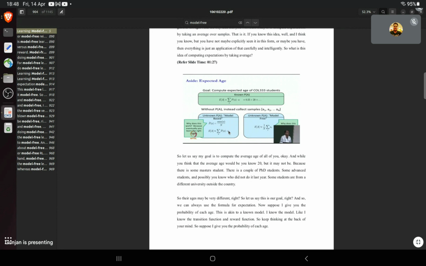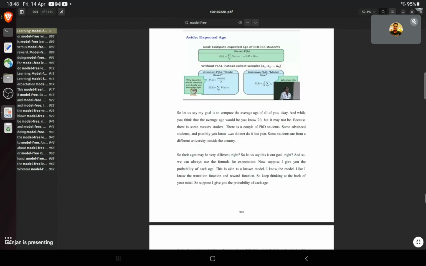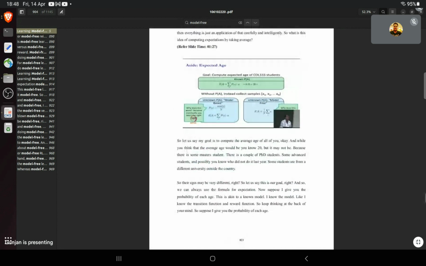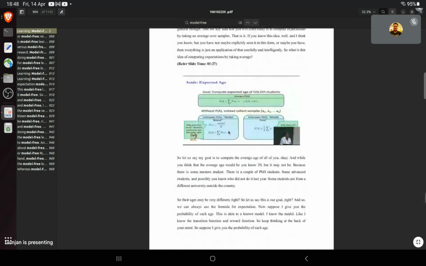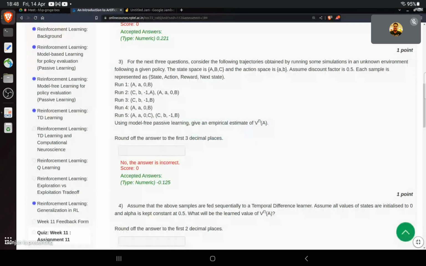And since the second tuple in the fifth round was C, C automatically came into the frame. So that's why I was calculating it, but nowhere did I use any model. Simply, V pi C I calculated by adding the rewards. But essentially, you are implicitly using V pi C, right?